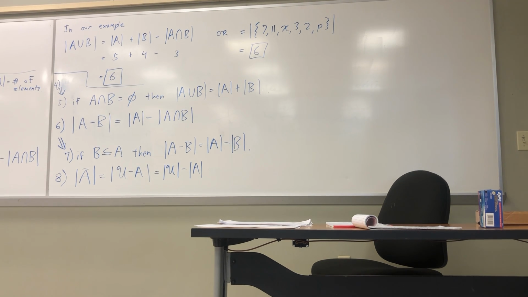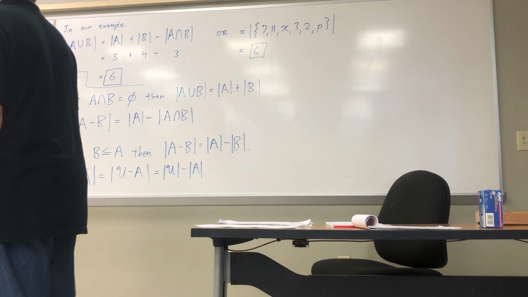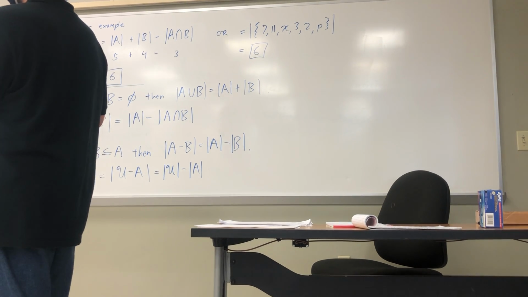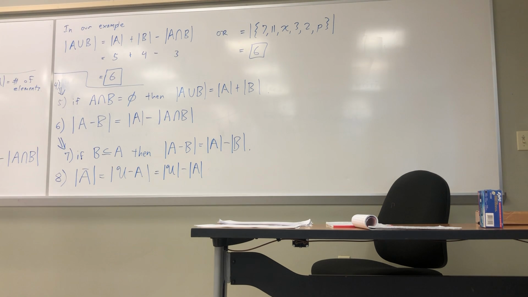We should do one example, maybe using some of those shortcuts. Let's see. I'll leave the same set examples. So maybe you'd have to solve a problem where you do use a couple of those rules. So for an example, where should I write it?